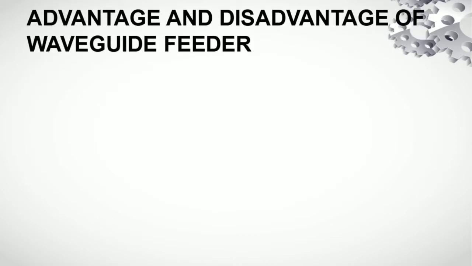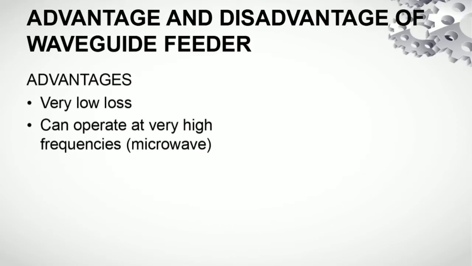The advantages and disadvantages of a waveguide feeder. The advantages are that it has very low loss and operates at very high frequency, in the microwave frequency range.